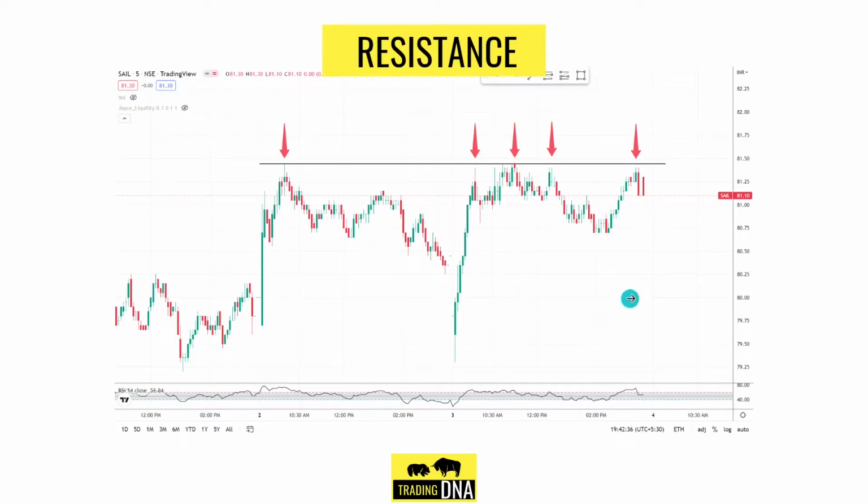Also remember, the resistance value for the particular stock is always higher than the last trading price. In this case, the SAIL stock is trading at rupees 81.10, and the resistance for this particular stock is formed at a price range of around 81.5.